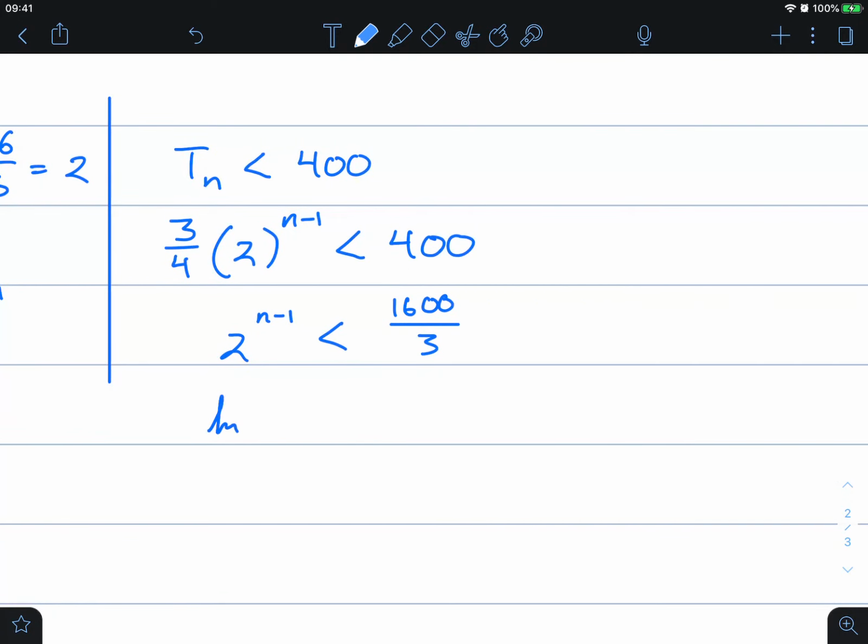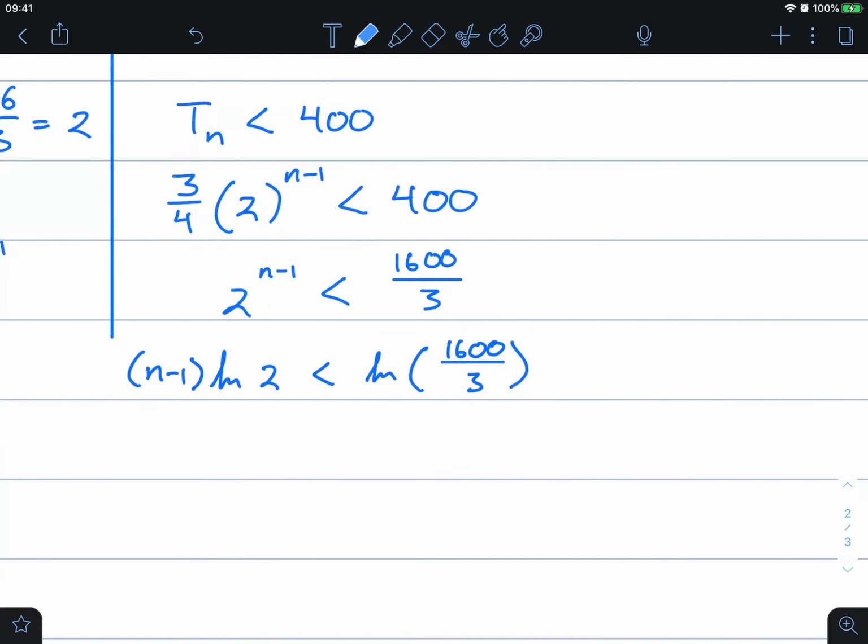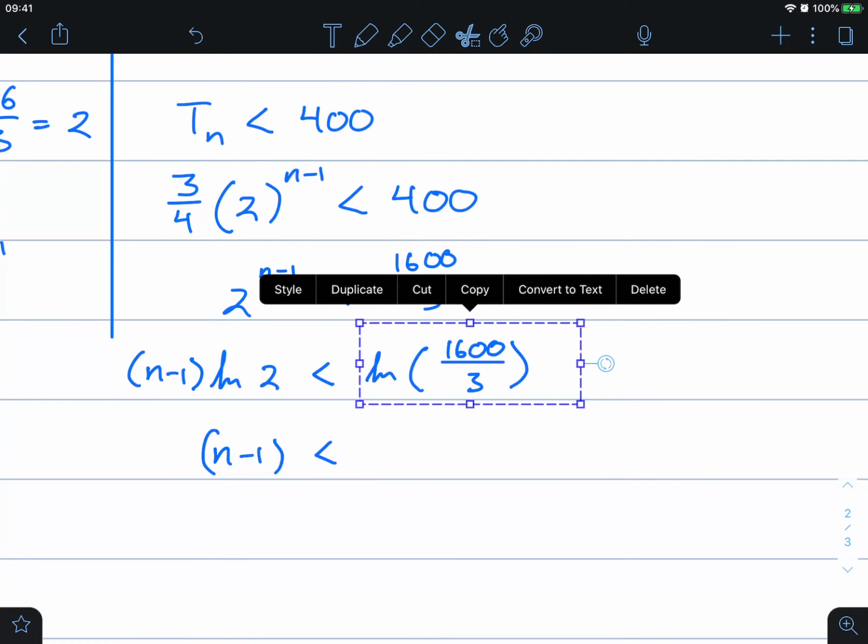We can do some log laws here. We get (n minus 1) ln 2, that becomes the coefficient, so n minus 1 is less than ln of 1600 over 3 divided by ln of 2.